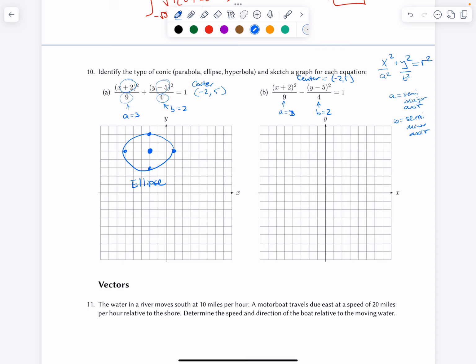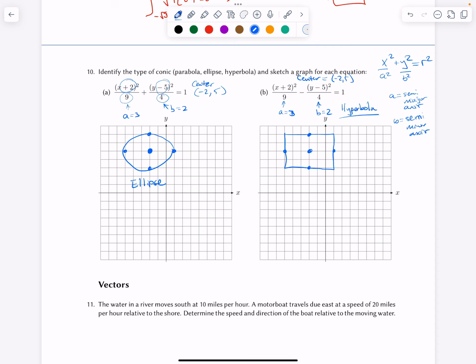Let's see, trying to get this in the same position. We'll draw the same 4 points around the center, but now instead of connecting them, we're going to draw a box. And that box is going to guide us as we draw the hyperbola. So this one is a hyperbola.